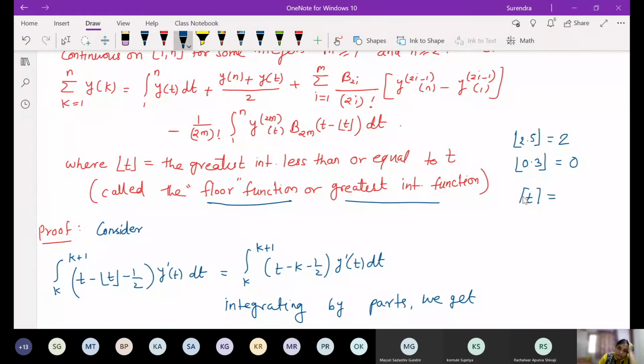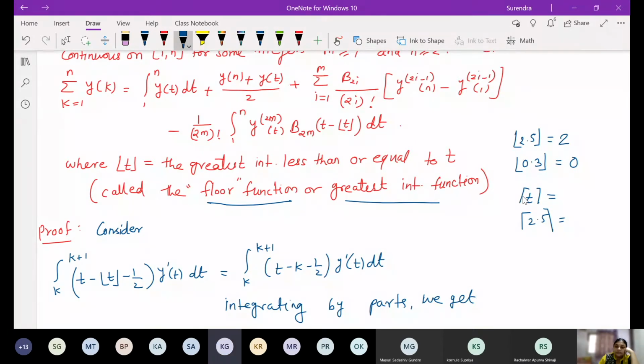Ceiling of t, what will it be? It is the least integer greater than or equal to t. So what will be the ceiling of 2.5 then? What is the least integer greater than or equal to 2.5?